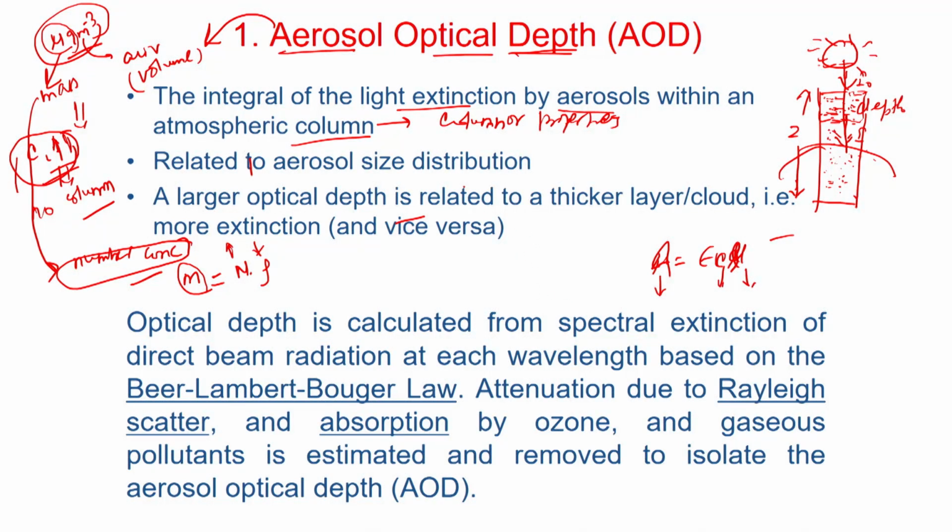And then, remember aerosol optical depth is a columnar property, number one. Number two, it is related to the size distribution, so aerosol size distribution is very important. For concentration, it is not mandatory to report which size of particles are dominating, but here the size distribution is very important to report.